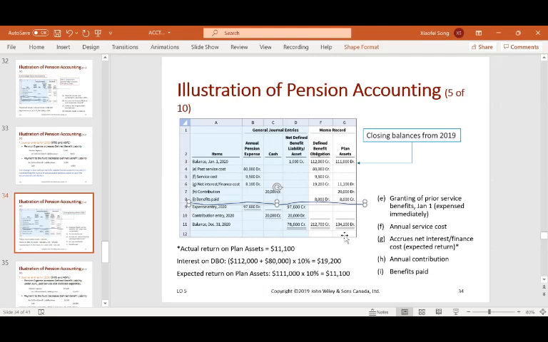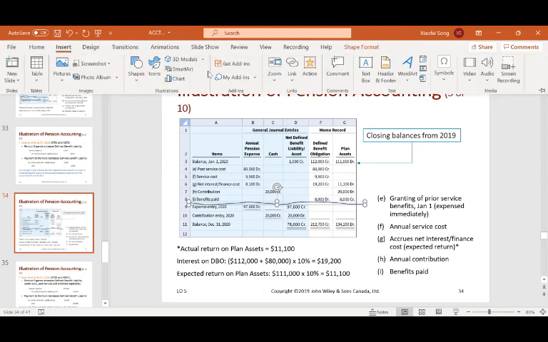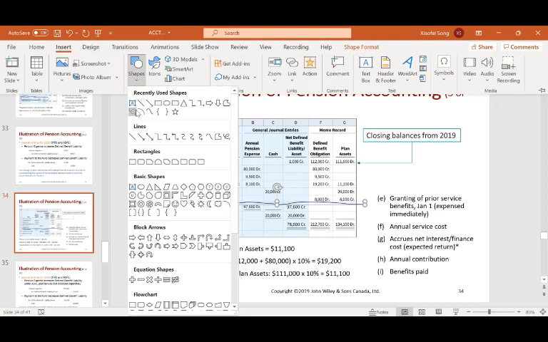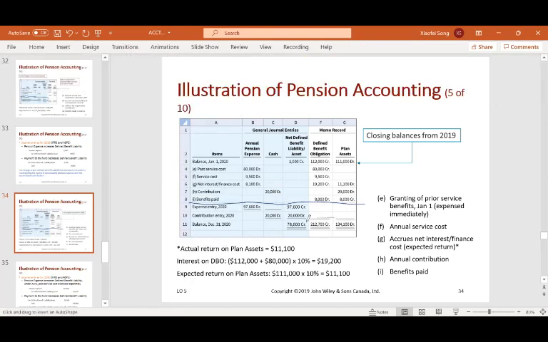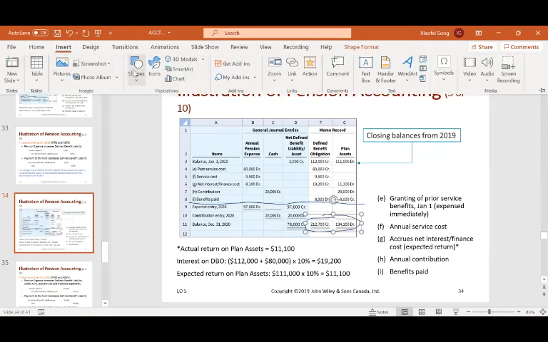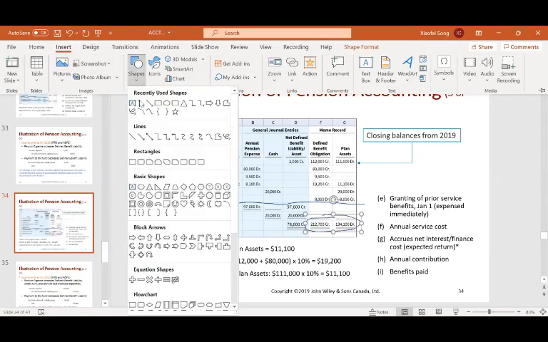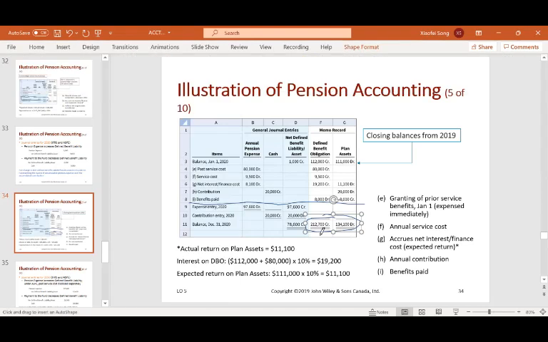The difference between these two has to be the deficit that's going to be shown. The difference of these two happens to be this amount.